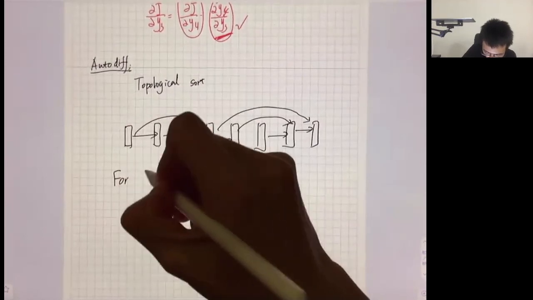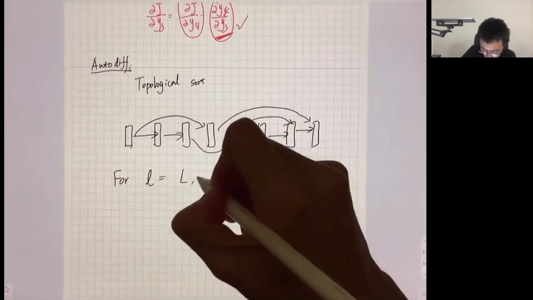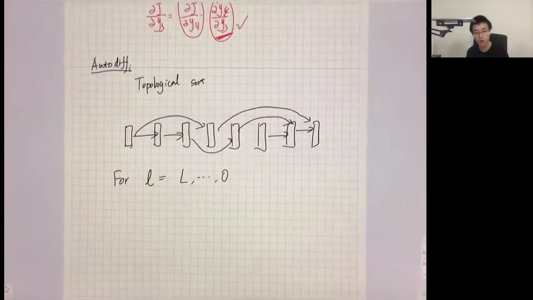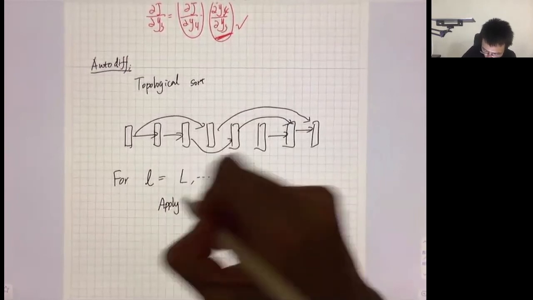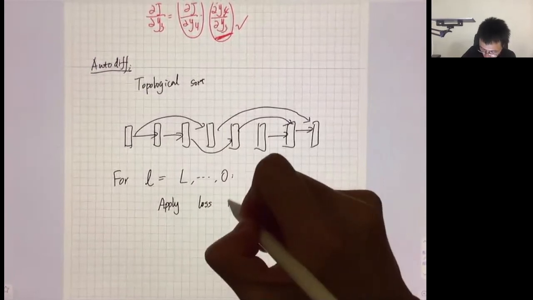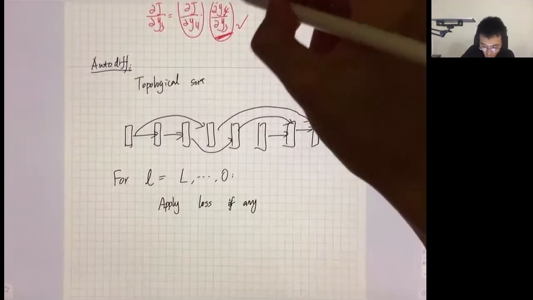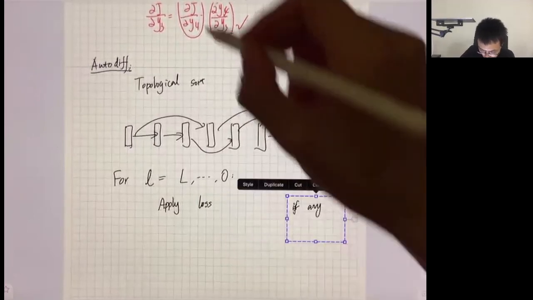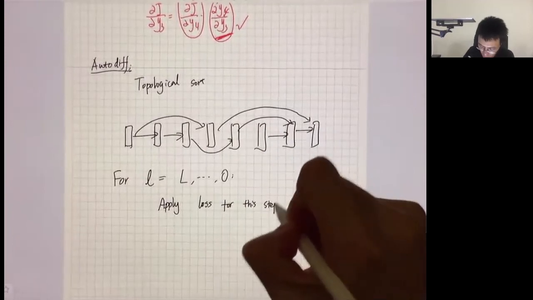For each layer L from the last layer to the first layer, the 0th layer, or if you don't care about the input, then it's the 0th layer, you apply the local loss, the loss for this step, if any, okay?